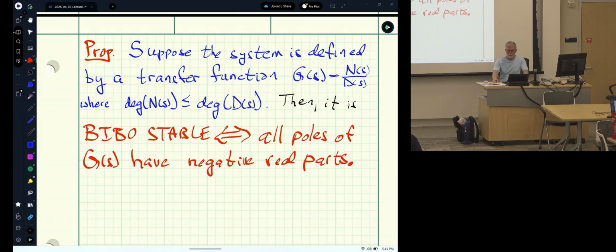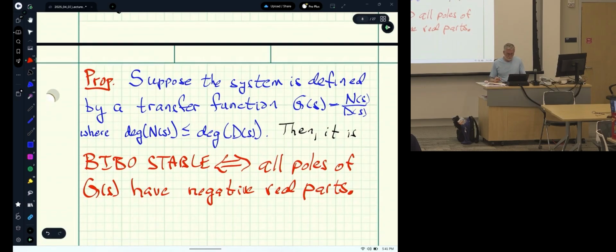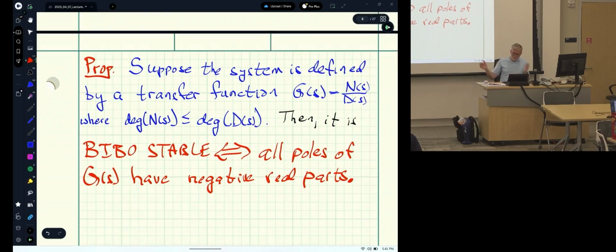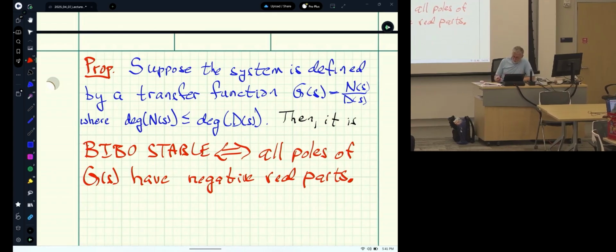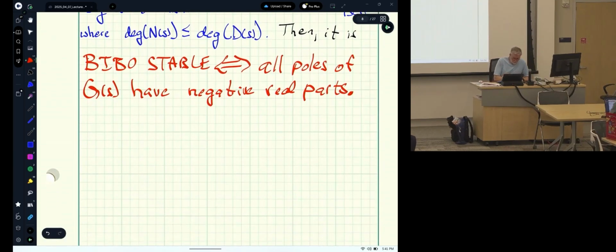Okay, so stability is trivial to check. As long as you can compute the roots of the denominator of the transfer function, you check their real parts, and then you get stability. So let's just do a few examples.